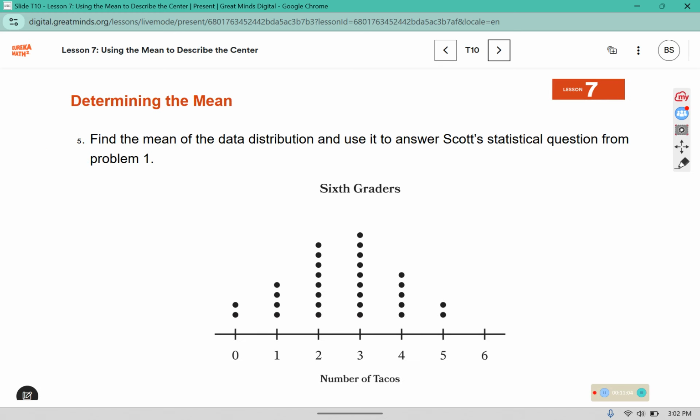Find the mean of the data distribution and use it to answer Scott's statistical question from problem 1.